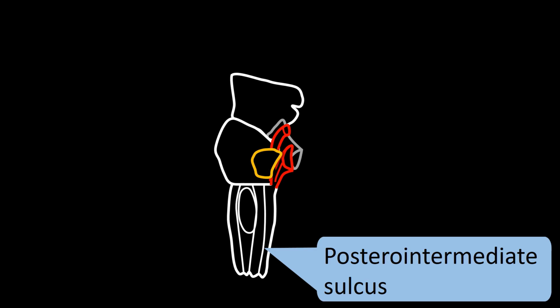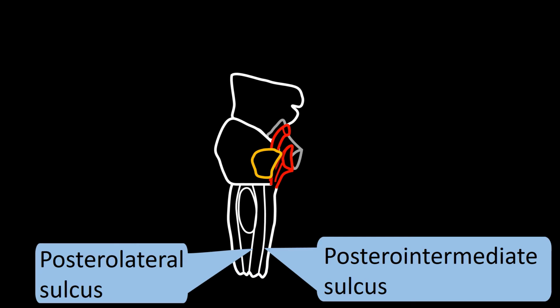Now, between the posterior intermediate sulcus and the posterolateral sulcus, place the pencil just below the pons, close to the posterolateral sulcus, and move it towards the back, that is towards the posterior intermediate sulcus, for a short distance.